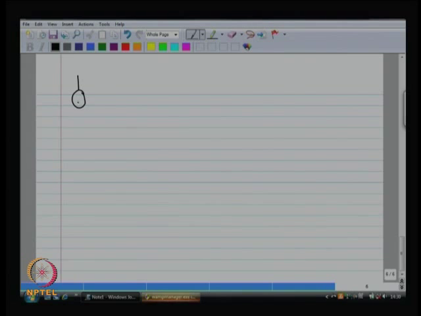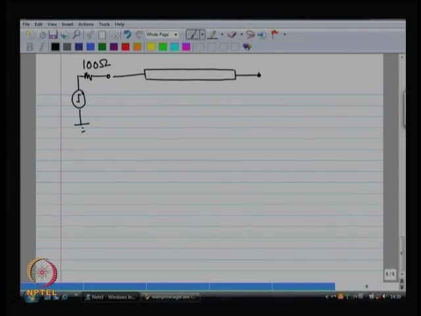Let us say that I apply a pulse, and let us say my source impedance is 100 ohms, and I have a transmission medium with a characteristic impedance of 200 ohms, and let us say my load is 200 ohms.